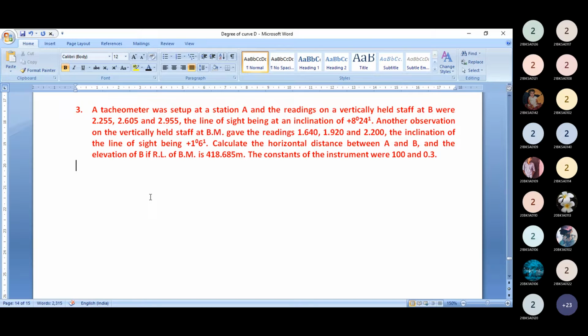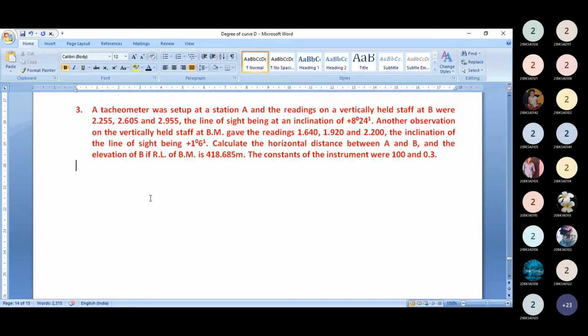A tacheometer was set up at station A and the readings on the vertically held staff at B were 2.255, 2.605 and 2.955, the line of sight being at an inclination of 8 degrees 24 minutes.